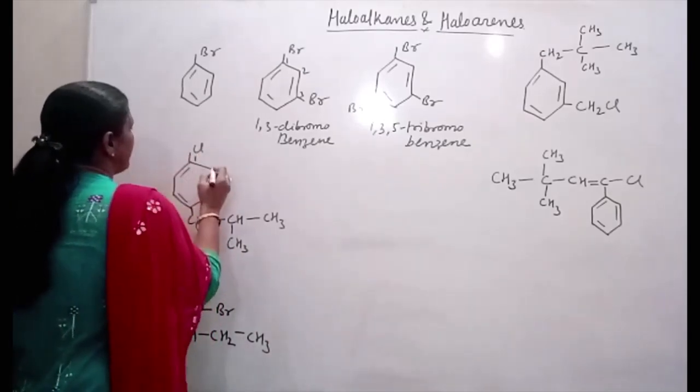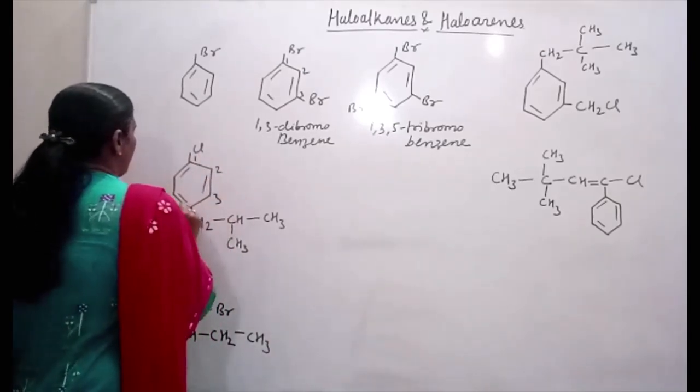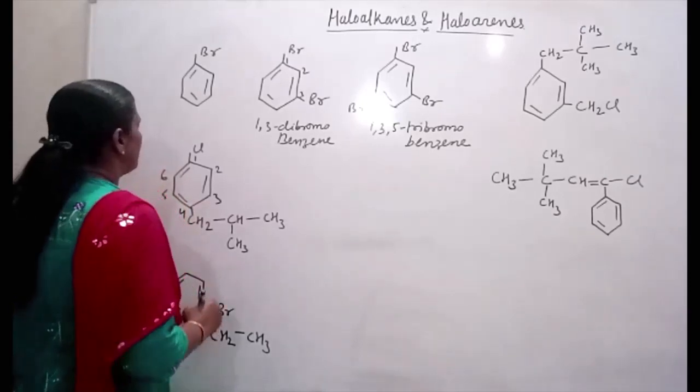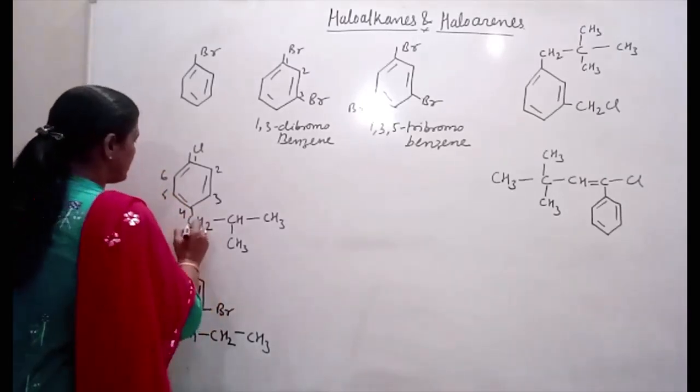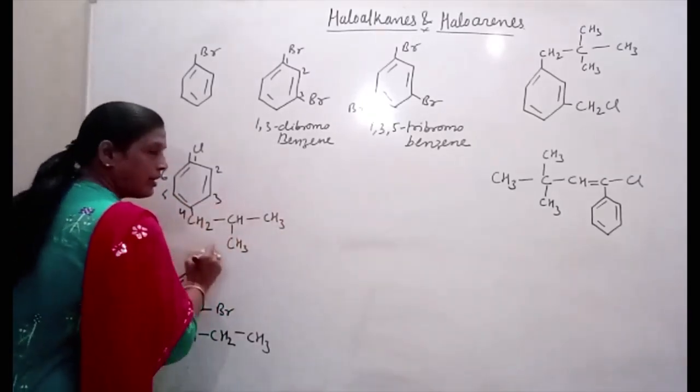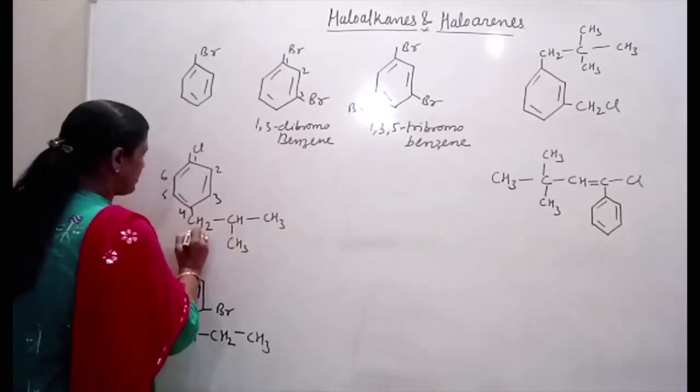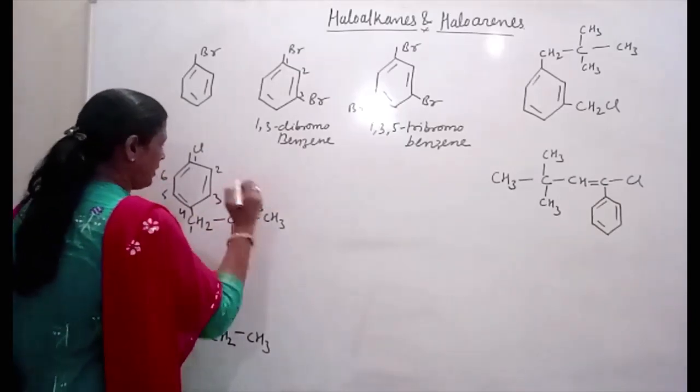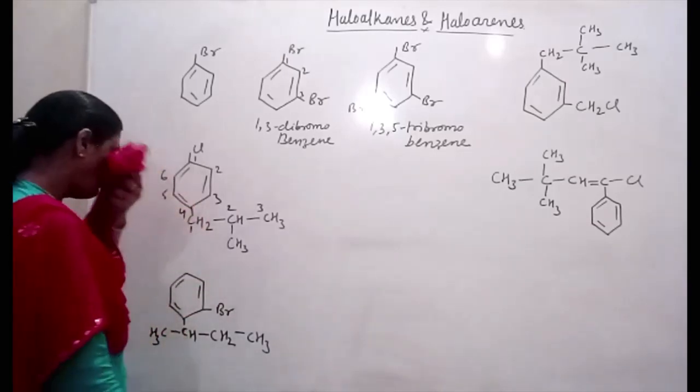Numbering is done from here, 1, 2, 3, 4, 5, 6. The complex group is attached at the fourth position.